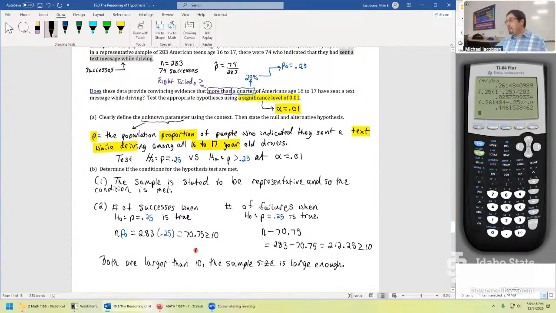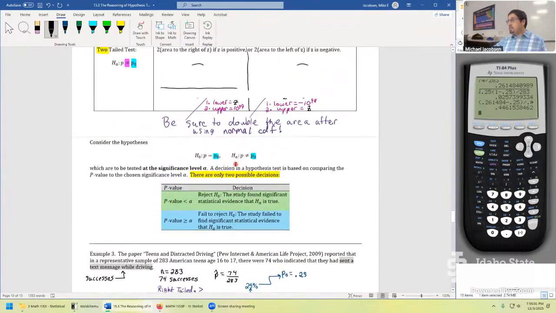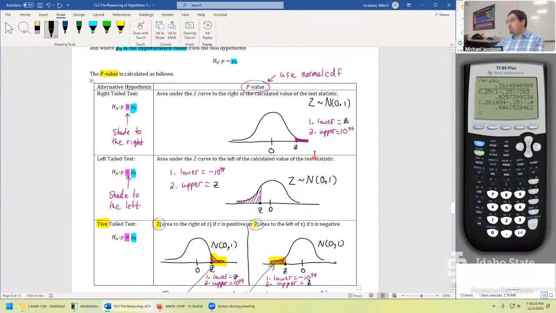And so that's where it's going to depend on what is the test we're running in the very first place. Right here, where we put a greater than on the alternative hypothesis, it told us we were doing a right tail test. So that means we get the p-value in a very specific way. We drop the test statistic z wherever it is under the normal curve, N(0,1), but we are going to shade to the right to match the right tail test.